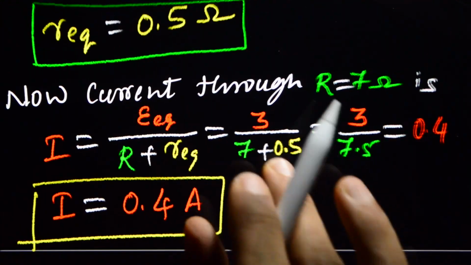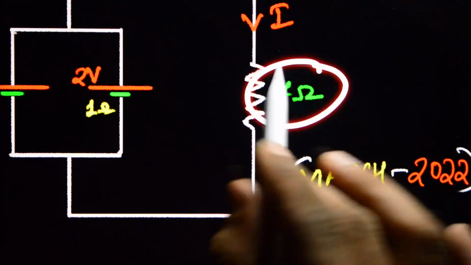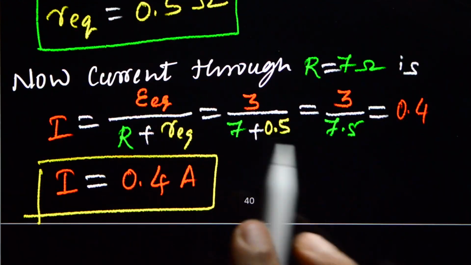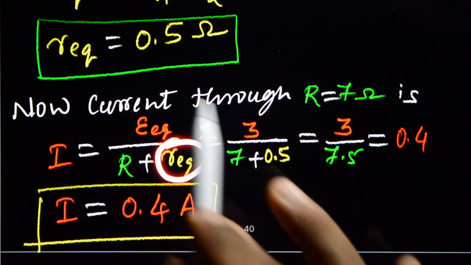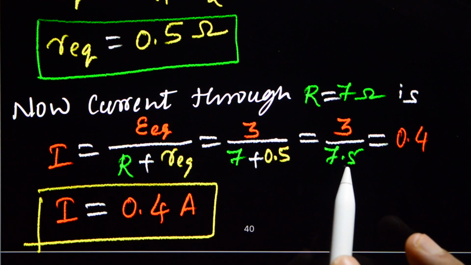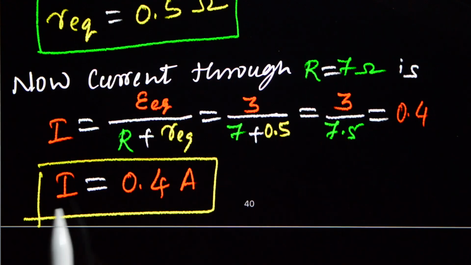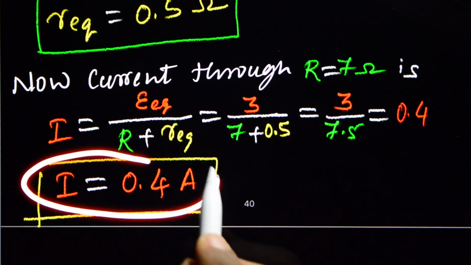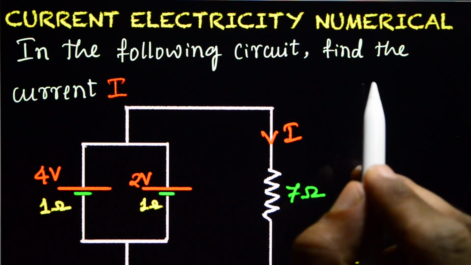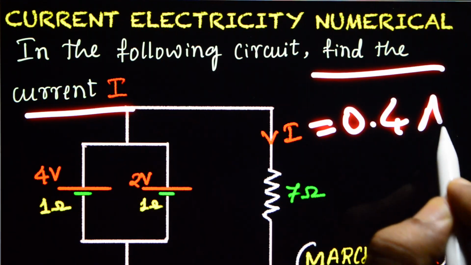What is that 7? 7 is the external resistor, 7 ohm, plus R equivalent, that is 0.5 ohm. Now 3 divided by 7.5 is equals to 0.4. Now the current is 0.4 ampere. So the current is equals to 0.4 ampere.